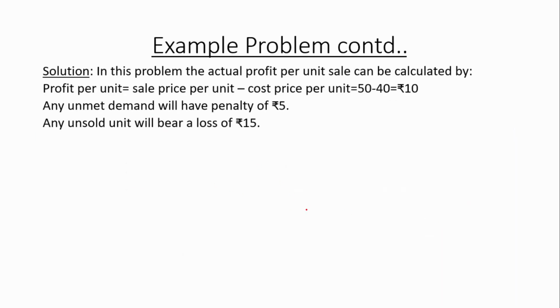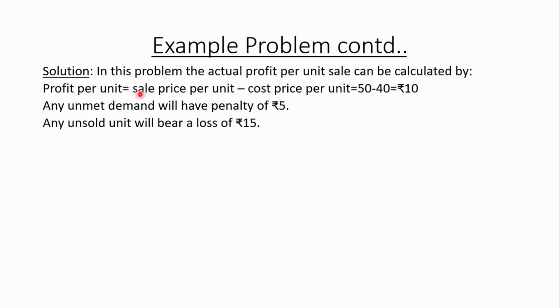Let us see what will be the solution of this. Now in this problem, the actual profit can be calculated by the following things. First is the profit per unit, that means the revenue profit which has been generated by selling a unit or an item.